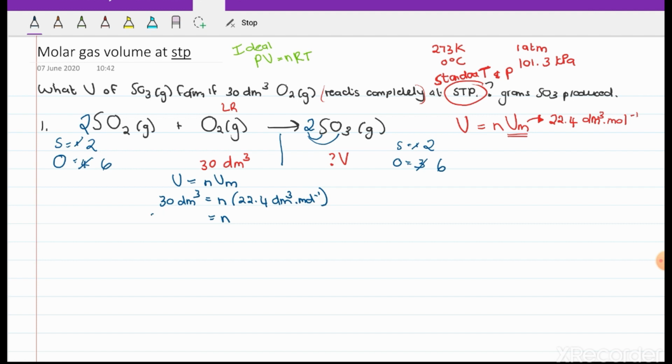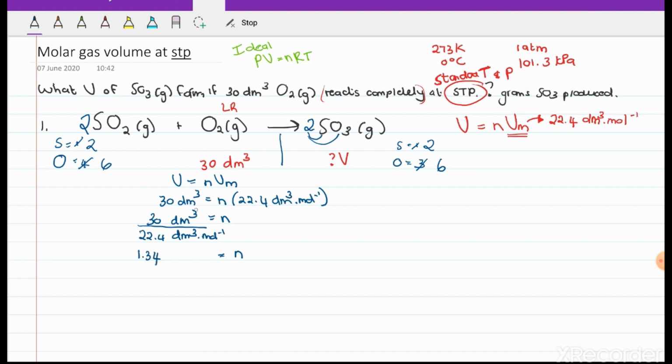Let me write that out. Divided by 22.4 cube decimeters per mole. So 30 divided by 22.4, that will give you 1.34.